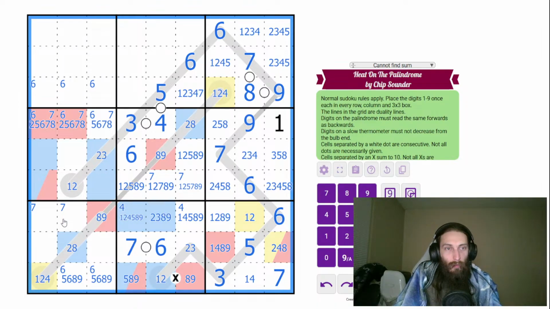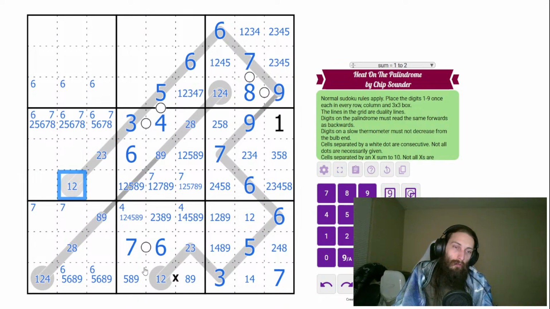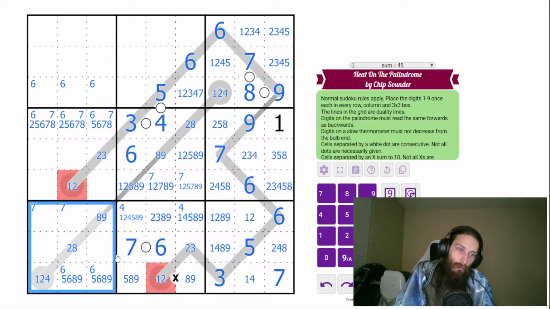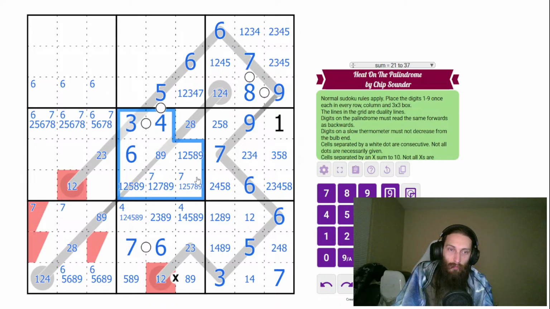Although I guess it's because I didn't include values over here. 1, 2 pair in red. The bottom in the middle can't be 8 or 9. Can't be here, can't be there, can't be 3 or 6.